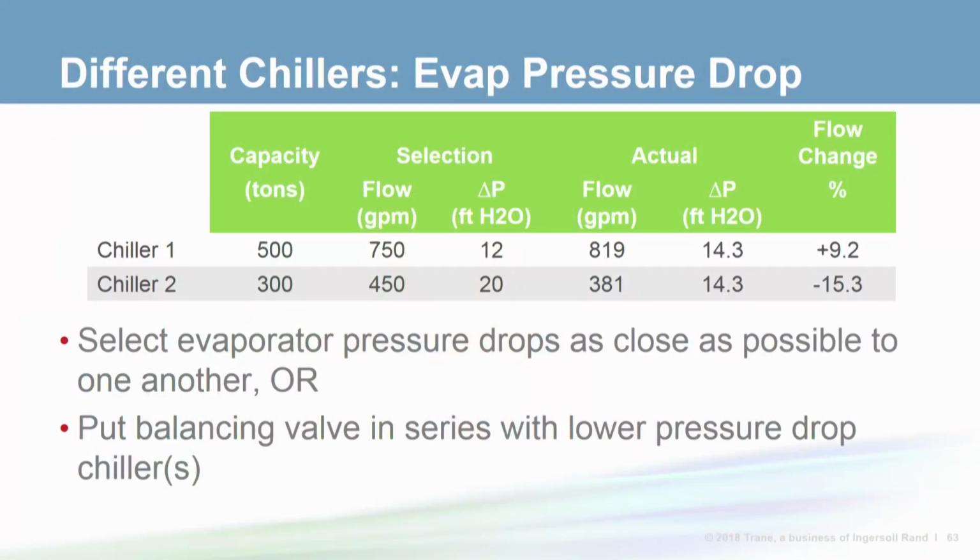To reduce system complexity, select the evaporator pressure drops as close as possible to one another. If the pressure drop differences are significant, a balancing valve must be placed in series with the evaporator with the lower pressure drop. In this case, a balancing valve imposing 8 feet of pressure drop can be installed in series with the chiller 1 evaporator.